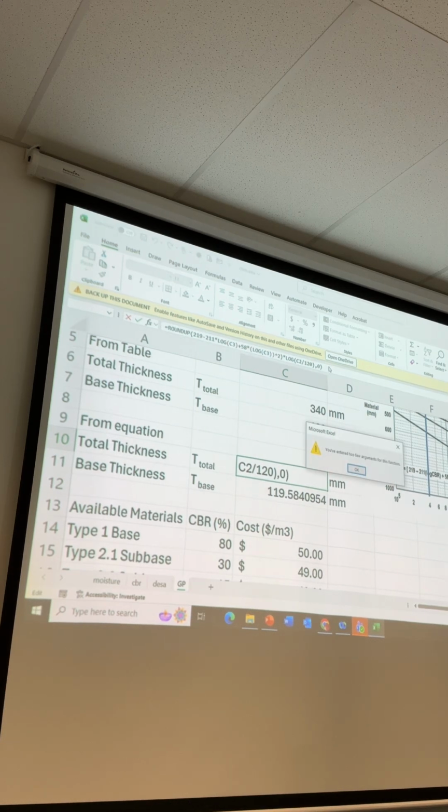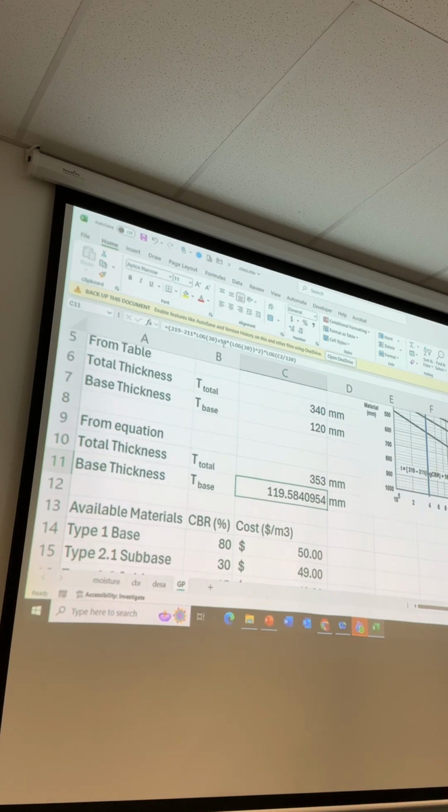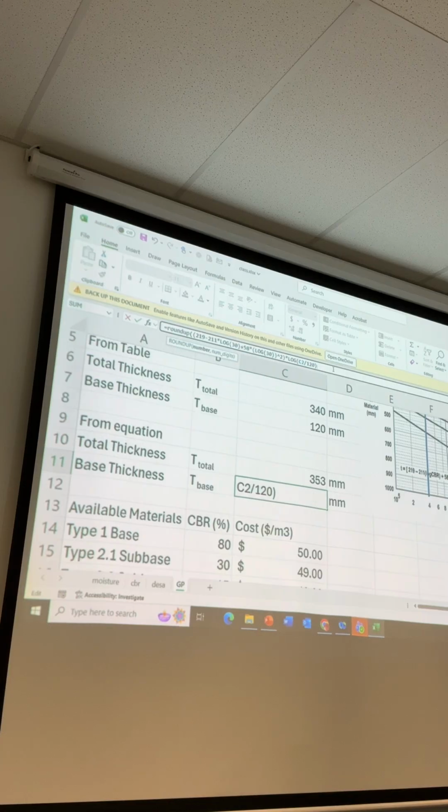You have 32 arguments. And then round up. And doing round up, your exercise is different. 353 and 120.